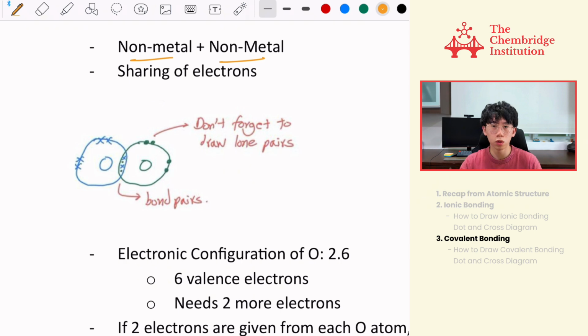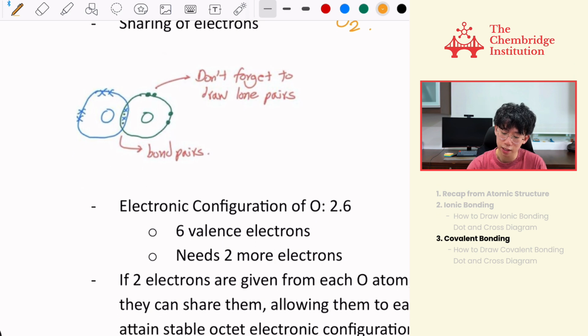Our O2, which is our oxygen molecule, consists of 2 oxygen atoms. And we know that each oxygen atom has an electronic configuration of 2.6, which means each oxygen has 6 valence electrons, in other words 6 outermost electrons in the electron shell.